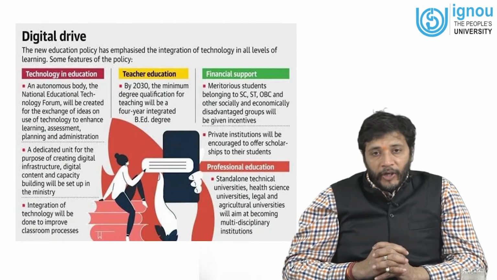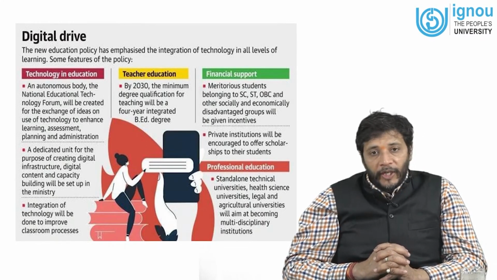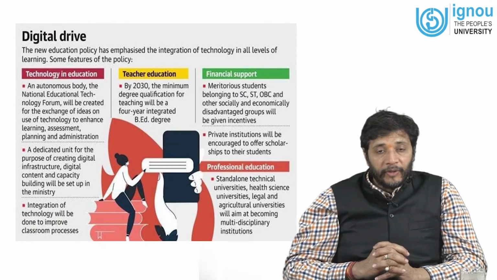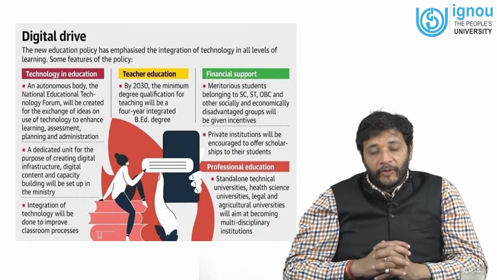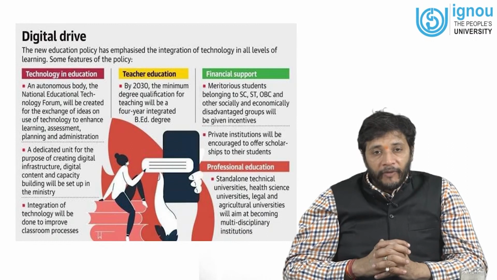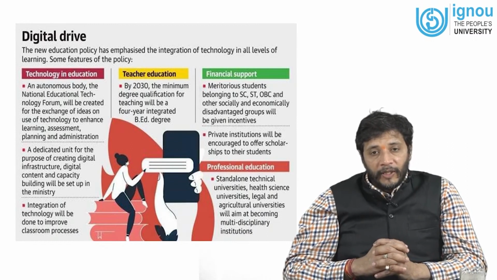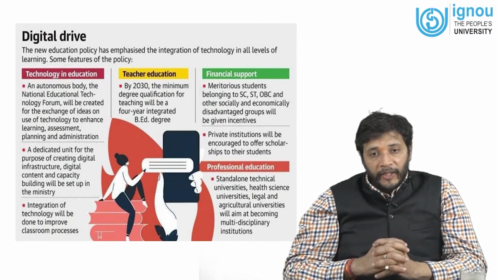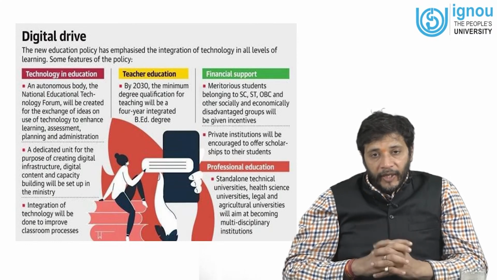And when you talk about professional education, standalone technical universities, health sciences, legal and agriculture universities will aim at becoming multidisciplinary institutions. So multidiscipline is going to be emphasized in a big way. Students who have enrolled in science can take up a paper of social science as a minor.